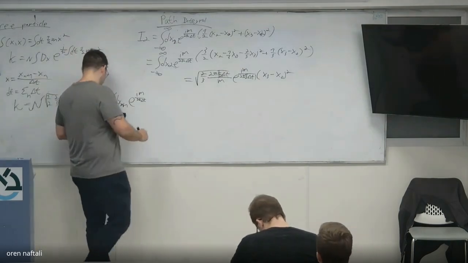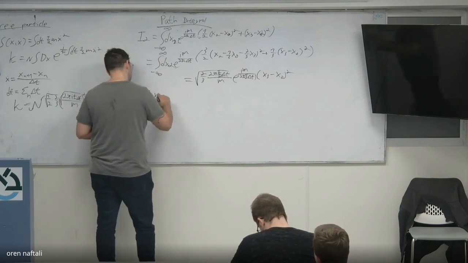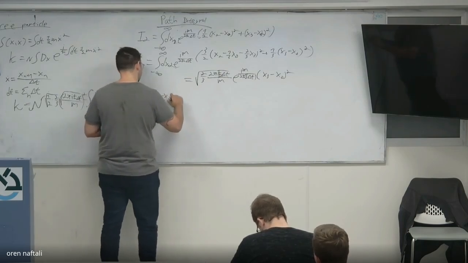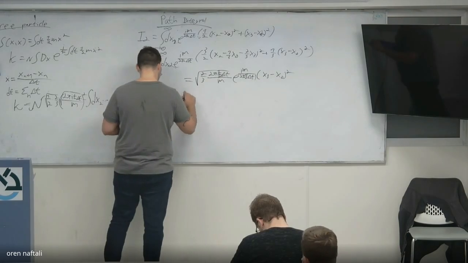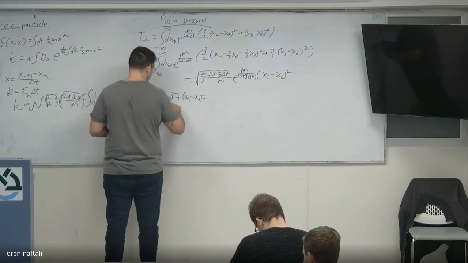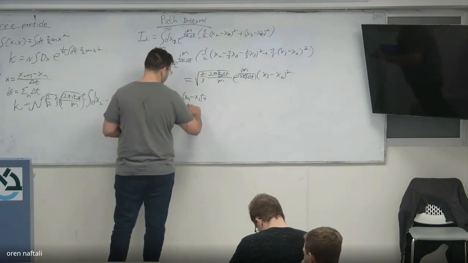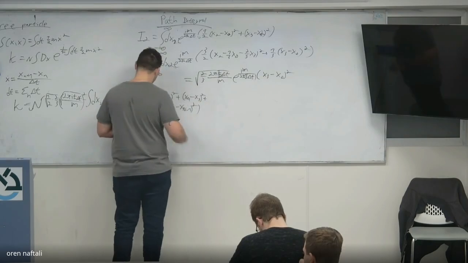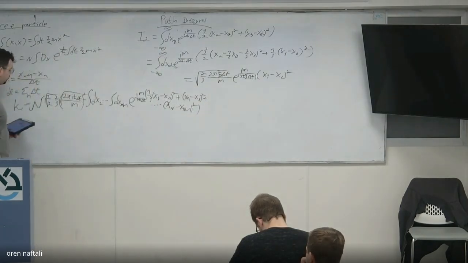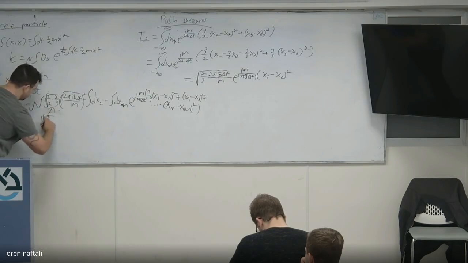Here we have an exponent of 1/3 x3 minus x0 squared plus x4 minus x3 squared plus ... x n minus x n minus 1. This term, square root of 1/3.